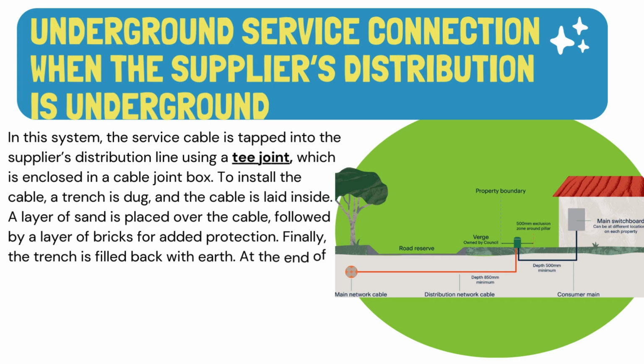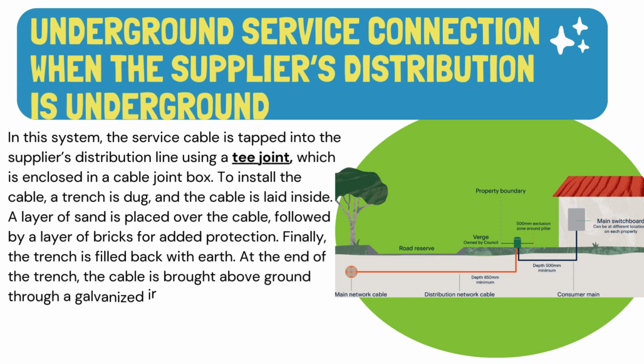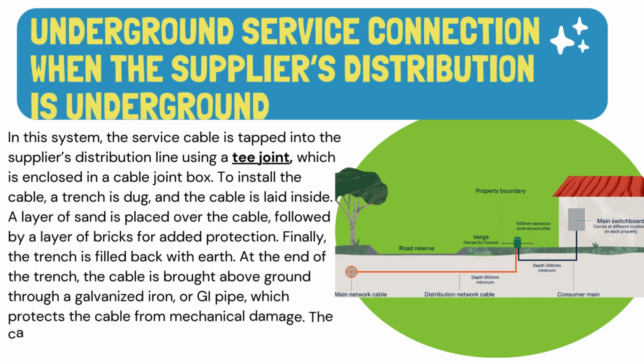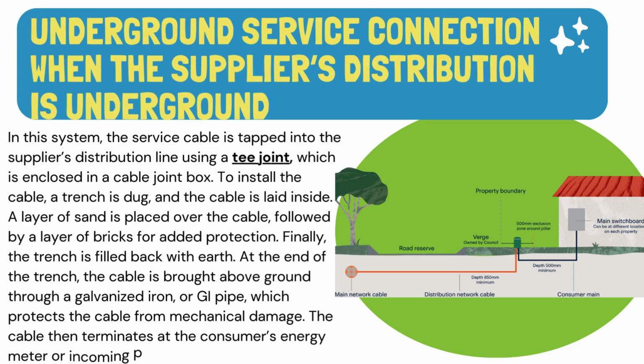A layer of sand is placed over the cable, followed by a layer of bricks for added protection. Finally, the trench is filled back with earth. At the end of the trench, the cable is brought above the ground through a galvanized iron or GI pipe, which protects the cable from mechanical damage. The cable then terminates at the consumer's energy meter or incoming panel.